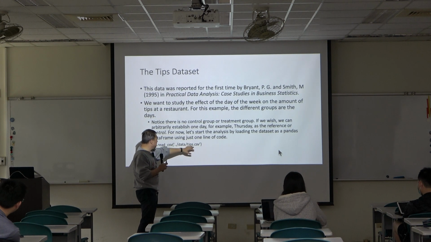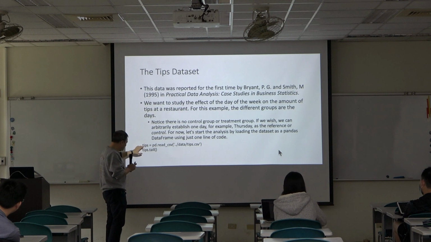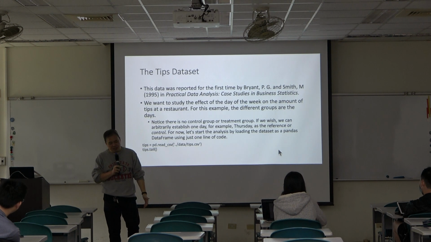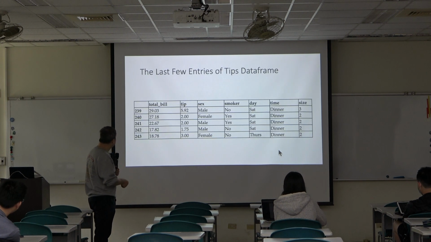tips.csv. You read this data and store it in tips. Then tips.tail just outputs the last few entries of this data set, and it looks something like this. The last 5 entries look like this.